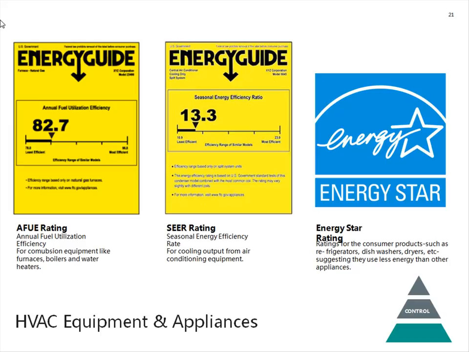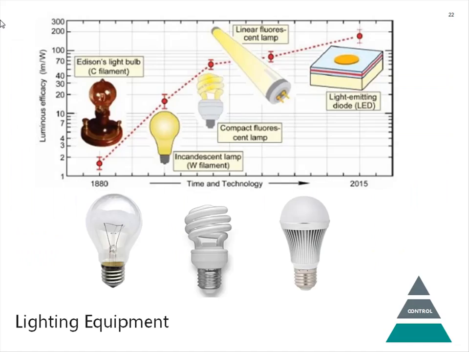It's up basically to the homeowner or to the contractor to do the math to understand what's the best decision for each category. It's a little easier with lighting. With lighting, we look at a number called efficacy, which is how much energy do you put in versus how many lumens of light do you get out.